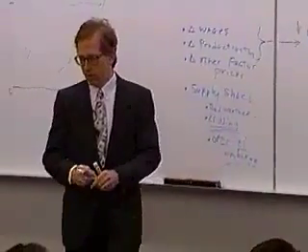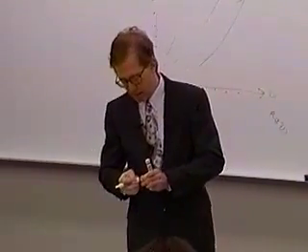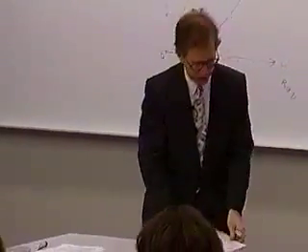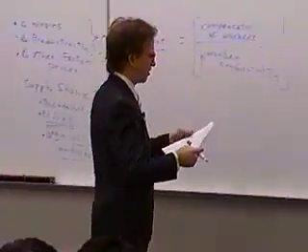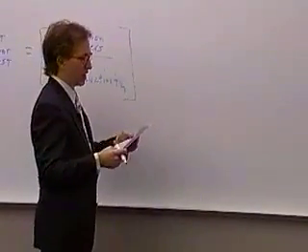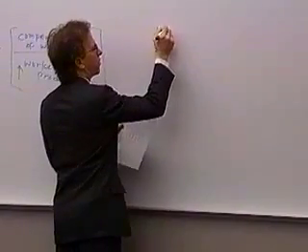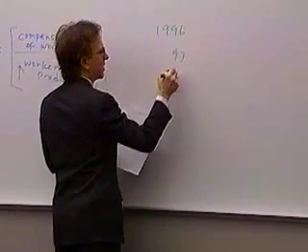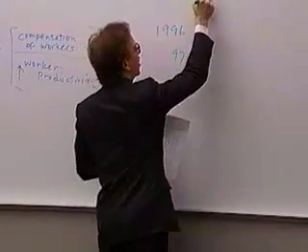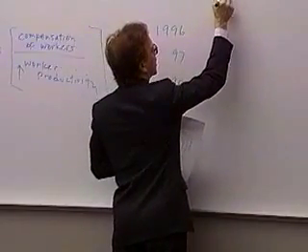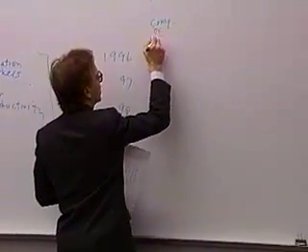I told you I did a little bit of research. It's maybe not very up-to-date, but it's all I could find on short notice. Let me put 3 years, 1996, 97, and 98, and then here's compensation of employees, or of workers.